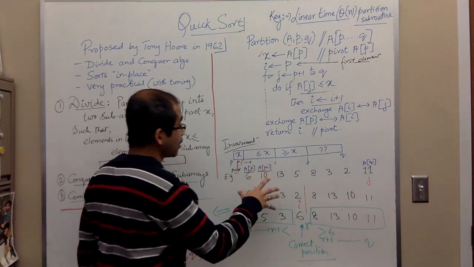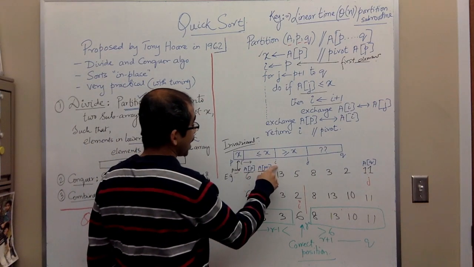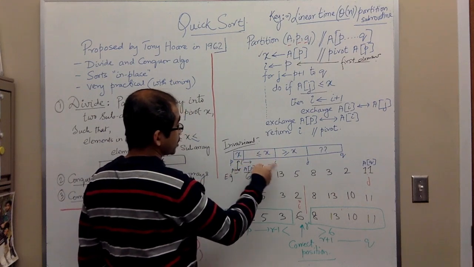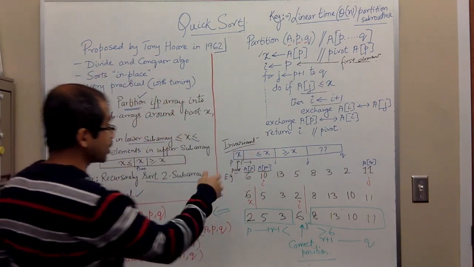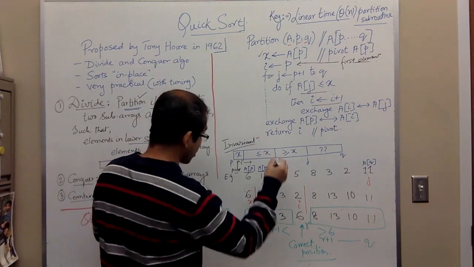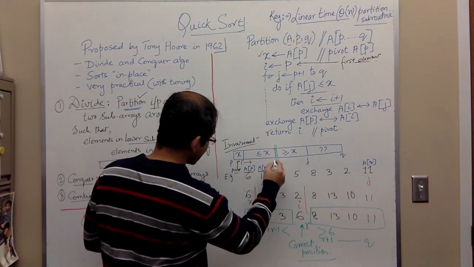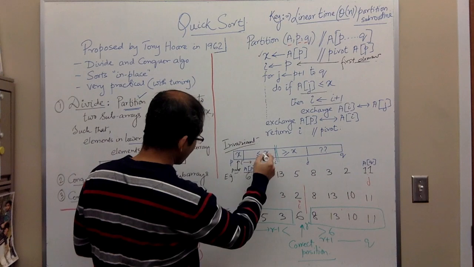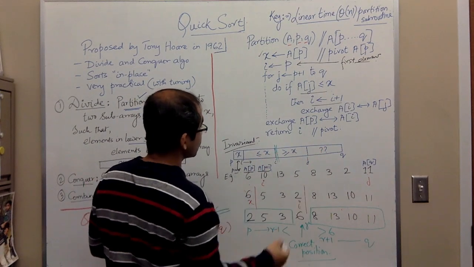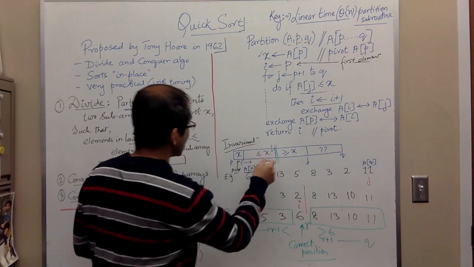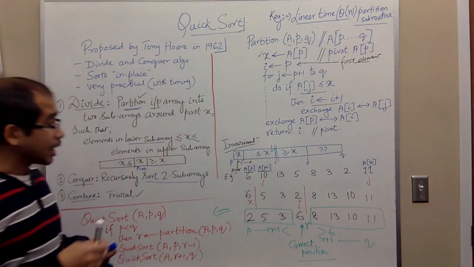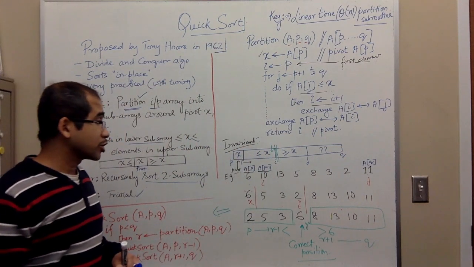At the end of the partition procedure, we exchange the pivot with a[i] so that the pivot element is in its correct position, because the pivot element is actually at the boundary of i and j. Here is the set of elements which are less than x, here is the set of elements which are more than x. So the boundary element we exchange to place x, the pivot, in the correct position.